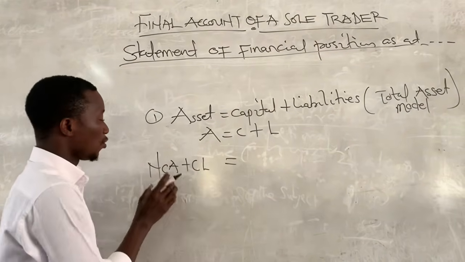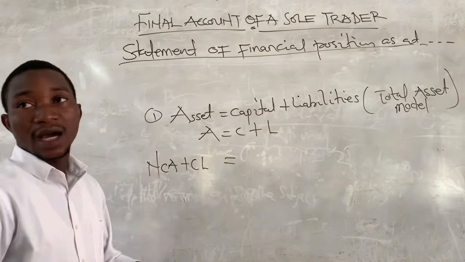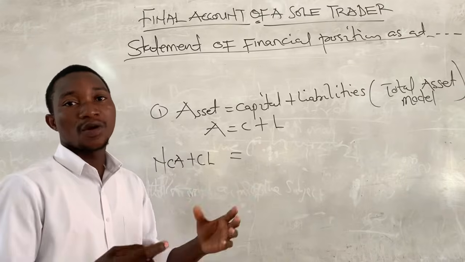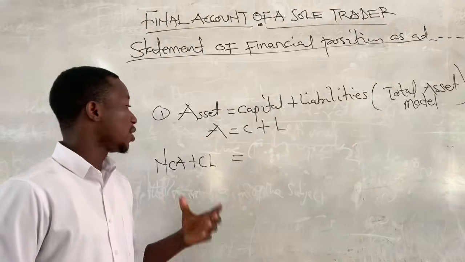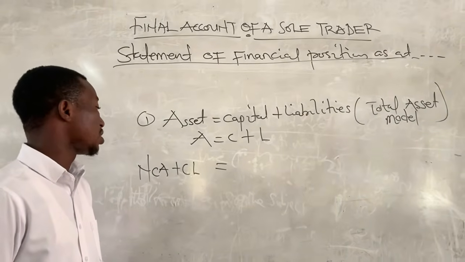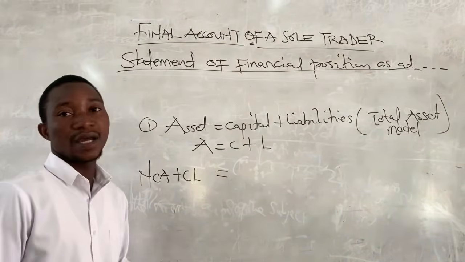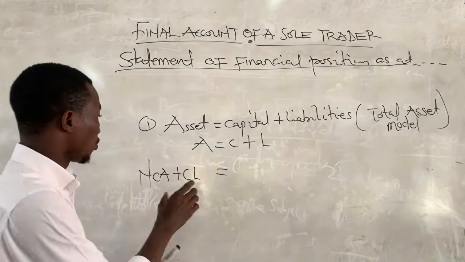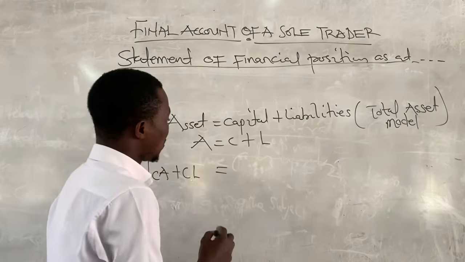Non-current assets are those assets that the sole trader uses in the business for more than 1 financial year. They only help to assist the business to move on. Current assets are those assets that the sole trader enjoys within 1 financial year. After that, you look at the capital.